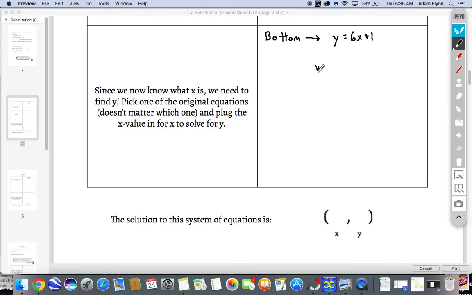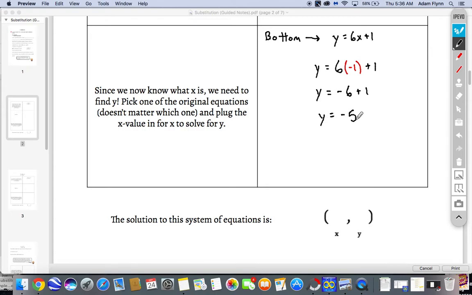So I have y equals 6, instead of x, I have negative 1, because it is no longer an unknown, and then the rest of my equation, plus 1. Okay, so if I simplify this, I have y equals 6 times negative 1 is going to be negative 6. And then this plus 1 just joins the party.